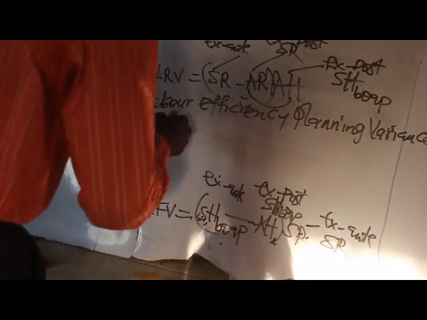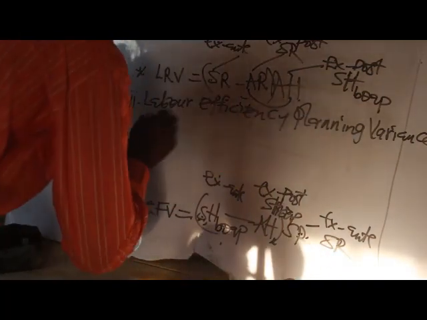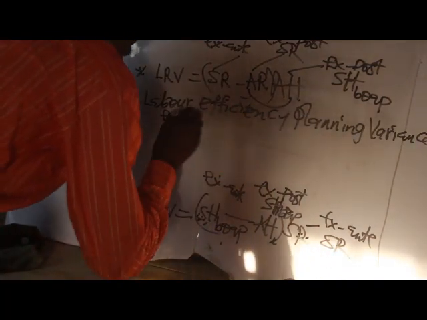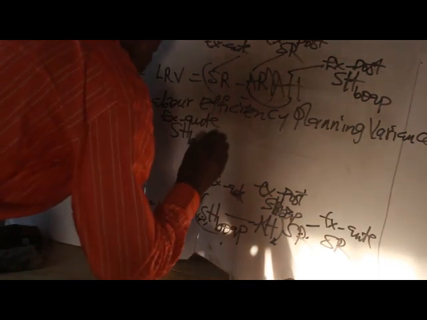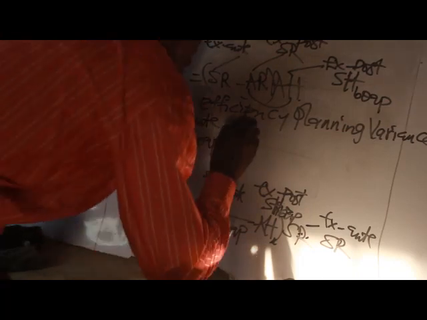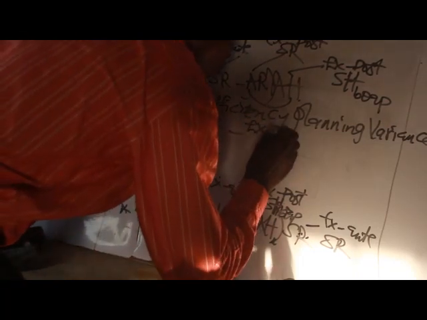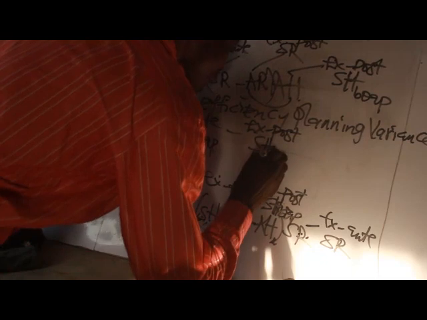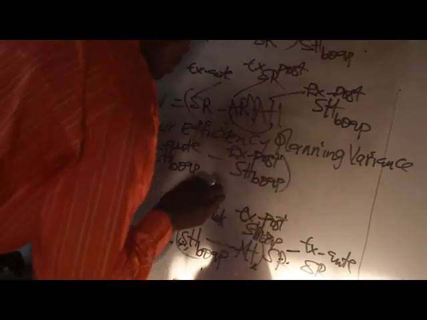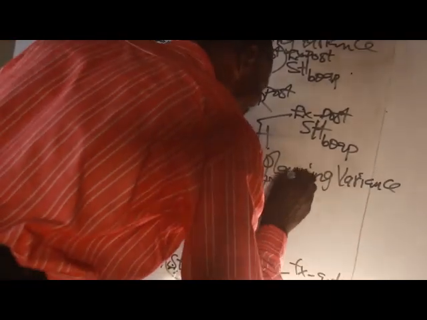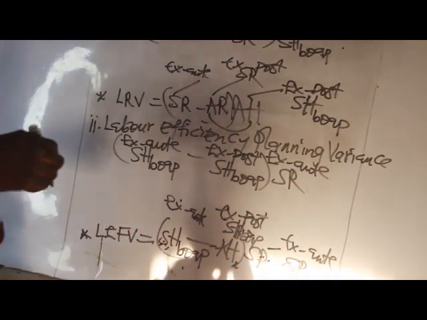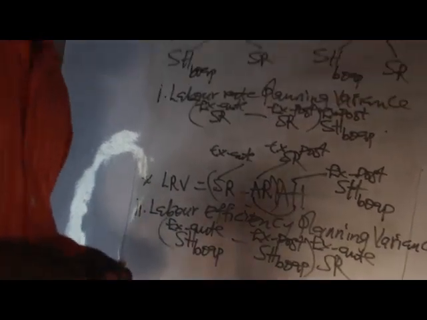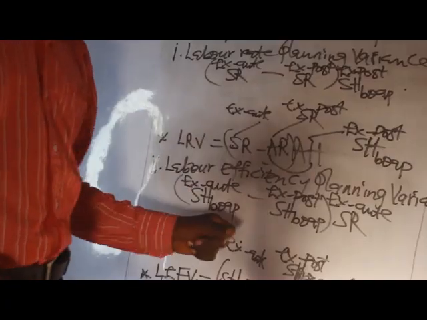So the formula for labor efficiency planning variance, we have ex ante standard hours based on actual production minus ex post standard hour based on actual production multiplied by ex ante standard rate. These are the formulas for calculating planning variance.